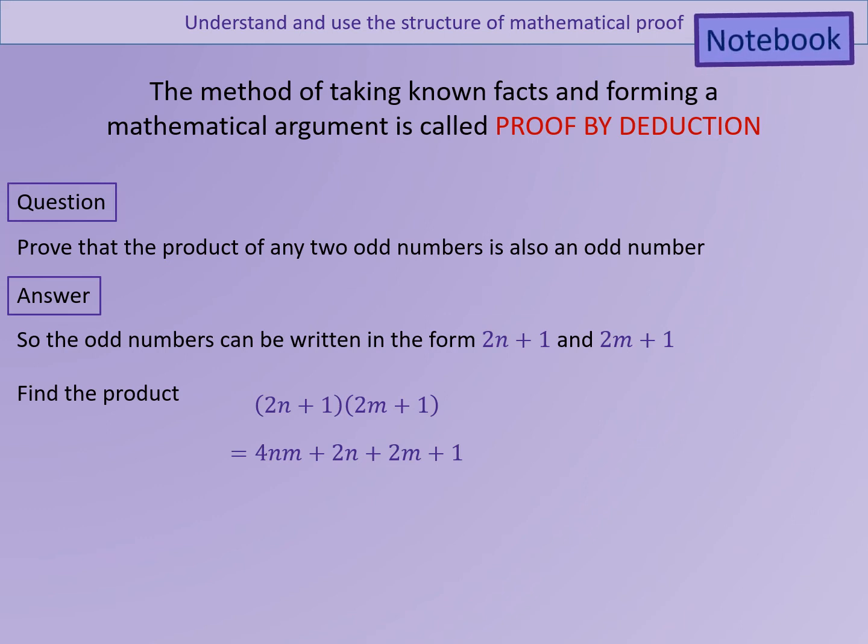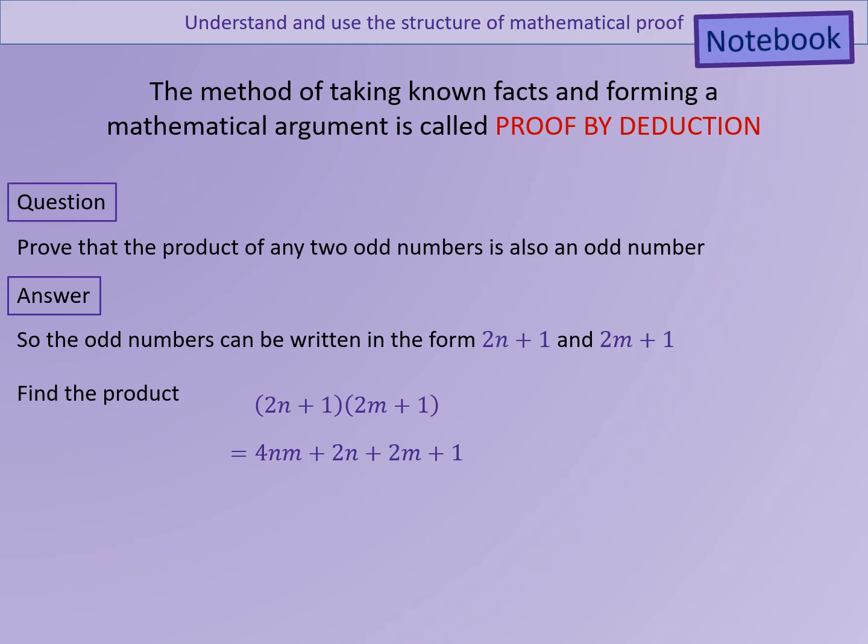You could then say 2m has to be an even number because it's a multiple of 2. Therefore, when you add those three even numbers together, you get another even number, and therefore by adding 1, you end up with an odd number. So as long as your explanation skills are good, and you explain to the examiner very clearly but yet very concisely what you mean, then you will get those marks.